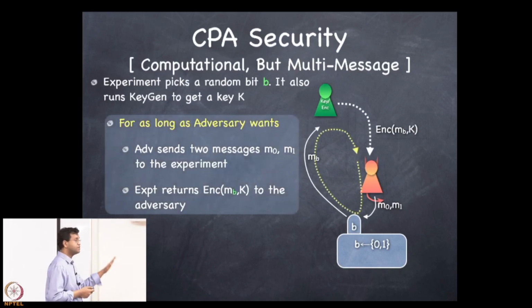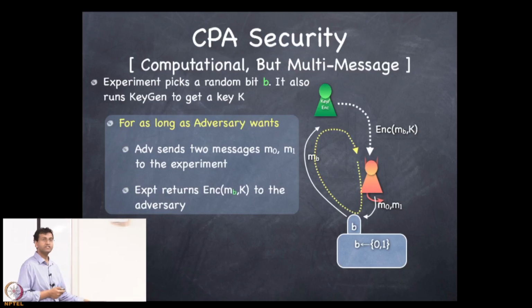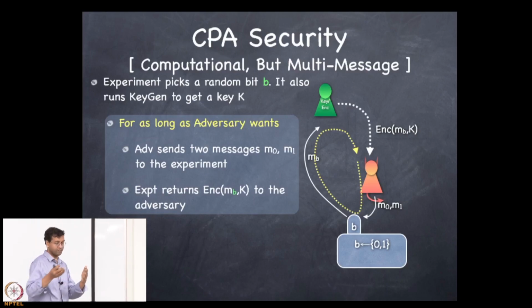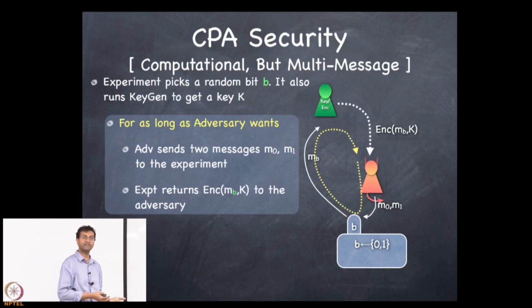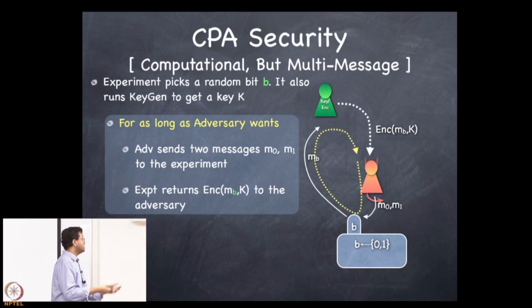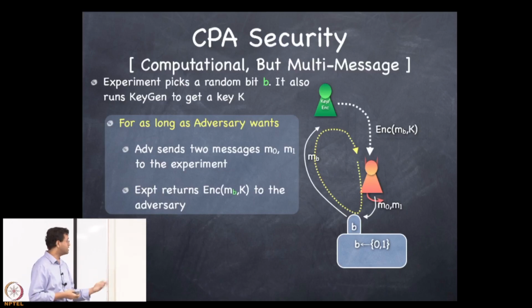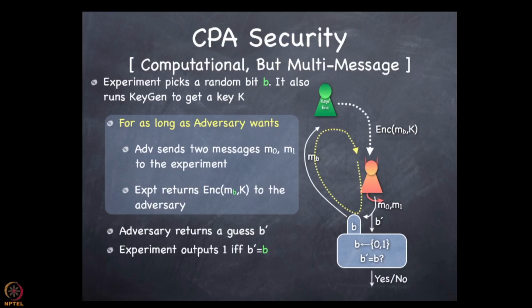So the key and the bit B are fixed. The adversary can adaptively look at the previous ciphertext, pick a new pair of messages, get one of them encrypted, doesn't know which one, and keep going, and then at the end it has to guess as before. It tries to guess which bit B is.